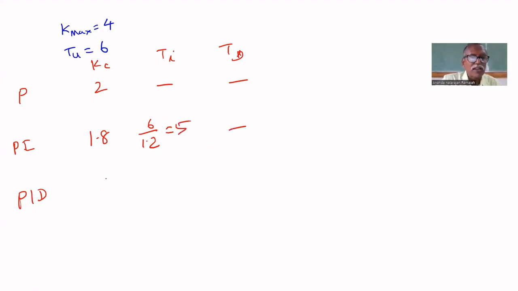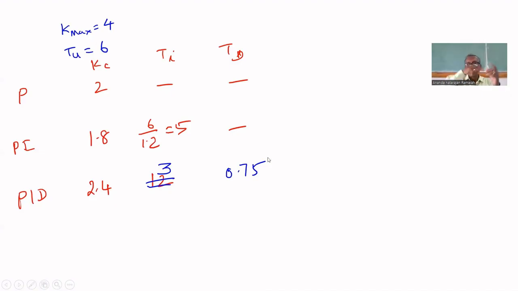For PID controller, how much are you getting? Here it is 0.6 times K max, so 2.4 you will get. Ti is Tu by 2, so here you will get 3. Td is Tu by 8, how much? 0.75. That's all. This is the best tuning parameter using Ziegler-Nichols. Why?